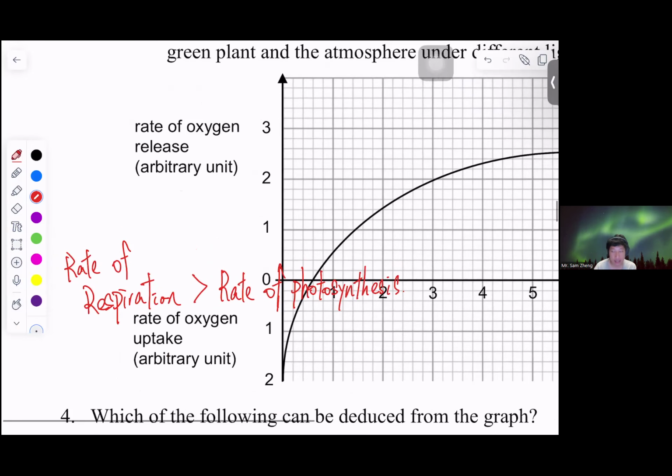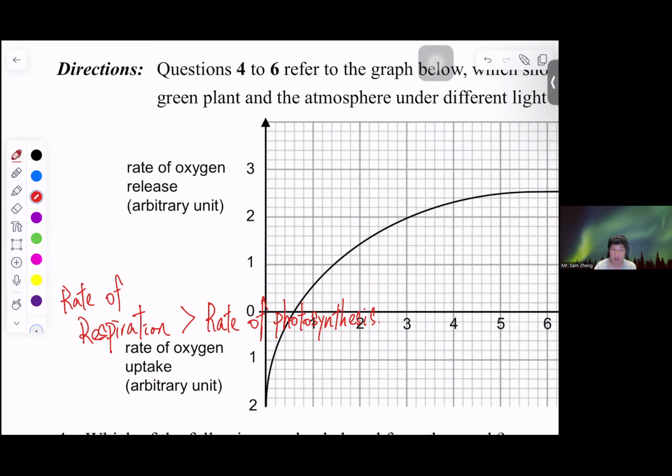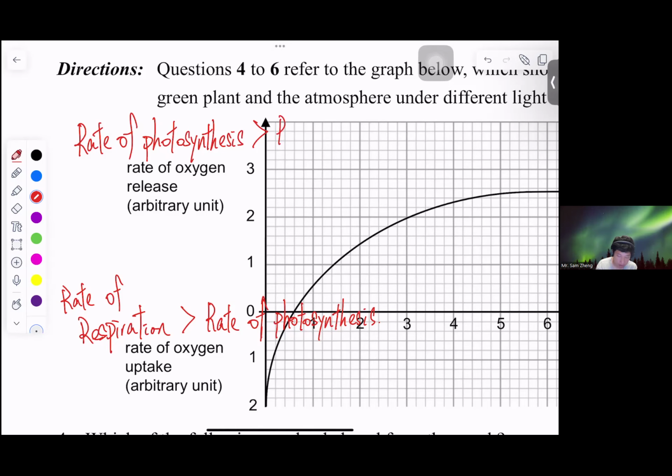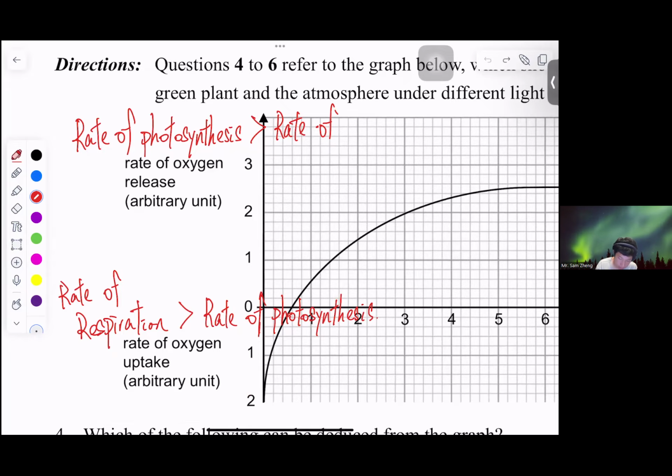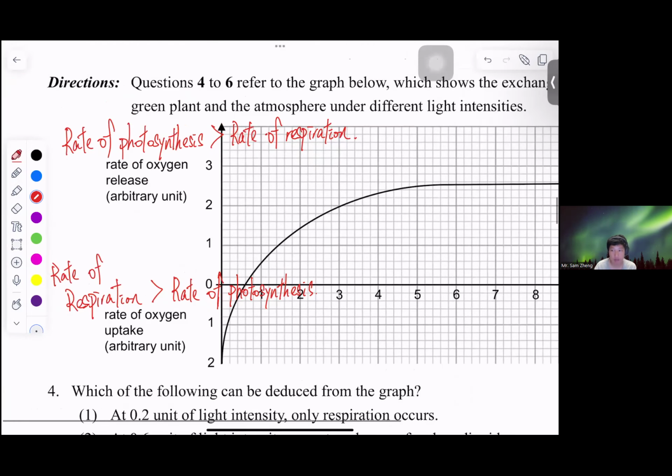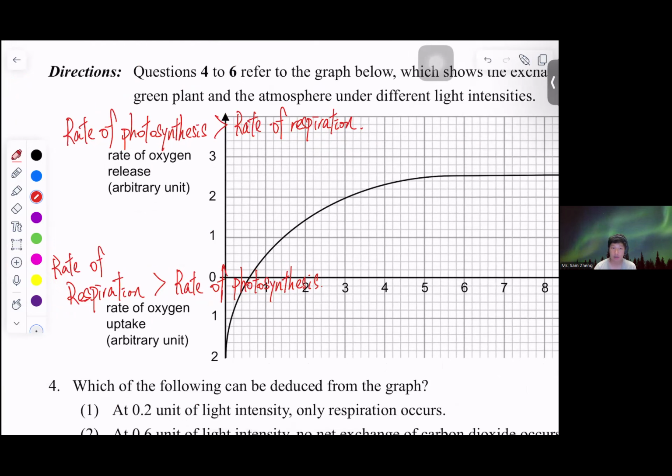Then, if it is the rate of oxygen release, it would be the reverse. So the rate of photosynthesis is higher than the rate of respiration. As the rate of photosynthesis is higher than the rate of respiration, this shows a net release of oxygen.